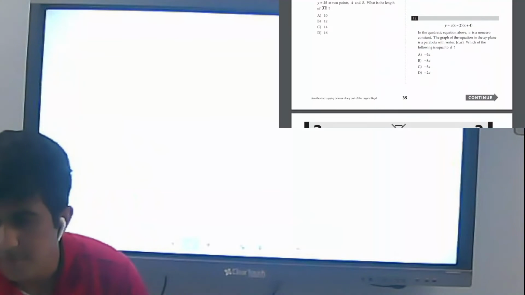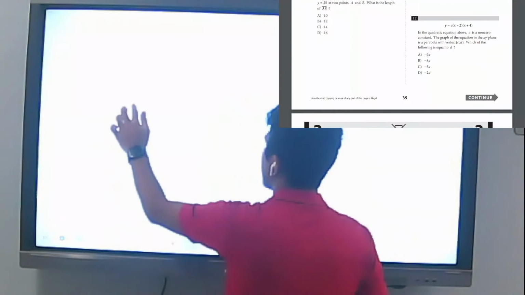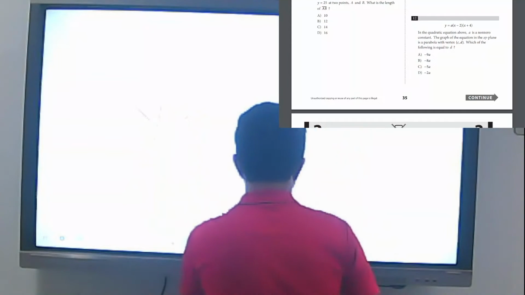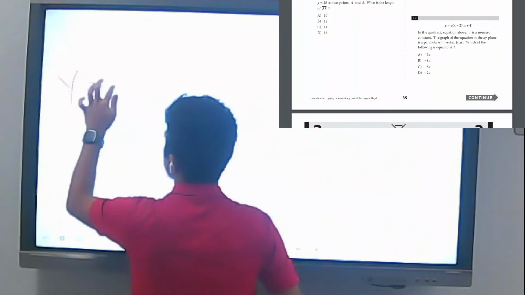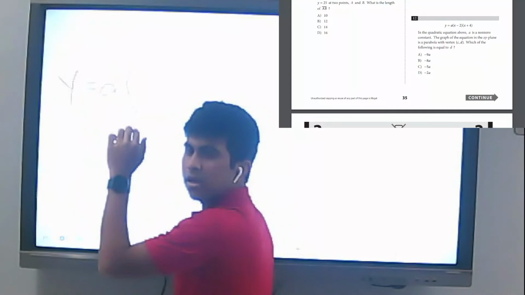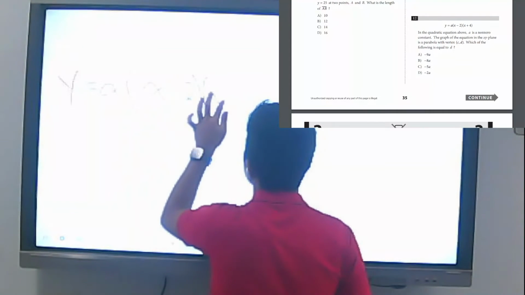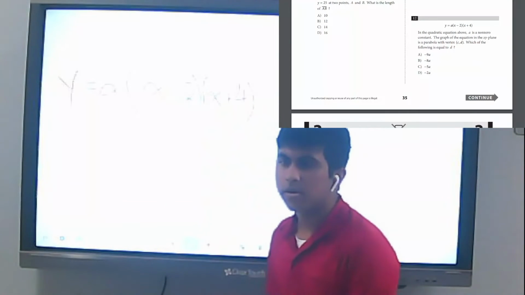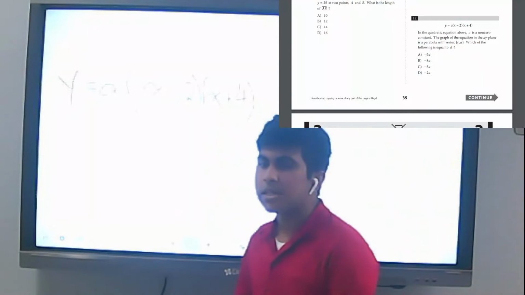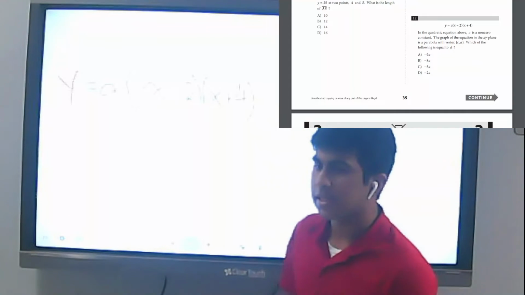Okay. So in the quadratic equation above, what are we given? We're given y equals a times (x minus 2) times (x plus 4). Let me do that over here so I have more space. We graph the equation above, a parabola with vertex (c, d). Which of the following is equal to d? Let's see.